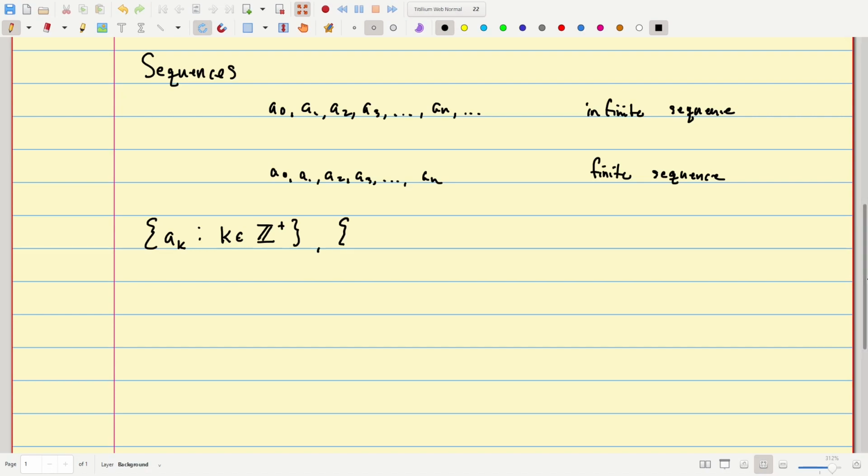That's equivalent to writing the list with ellipses, or the most compact notation would be this. Sometimes people use parentheses instead of curly braces. I'm going to use curly braces just due to the fact that we're talking about a sequence, so I want to keep that straight as possible.